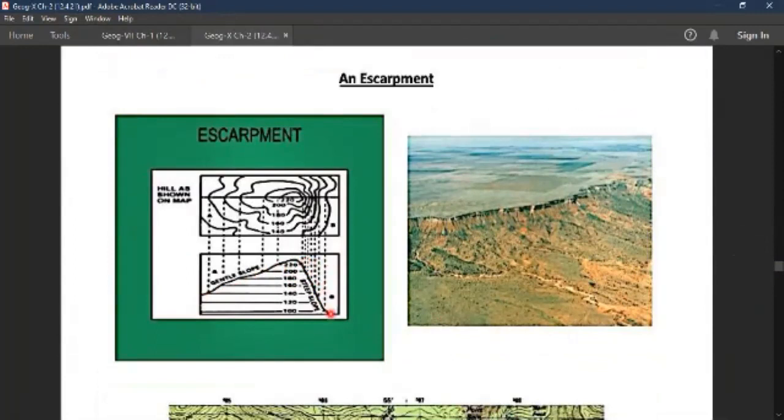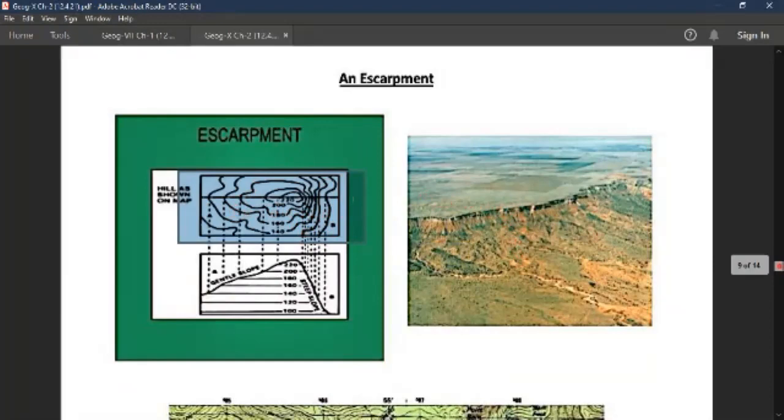The steep slope is represented by contour lines which are very close to each other, whereas the gentle slope is represented by contour lines which are far apart. So an escarpment is shown by contour lines similar to this pattern. Here this is an escarpment. Here is the steep slope and this is the gentle slope.